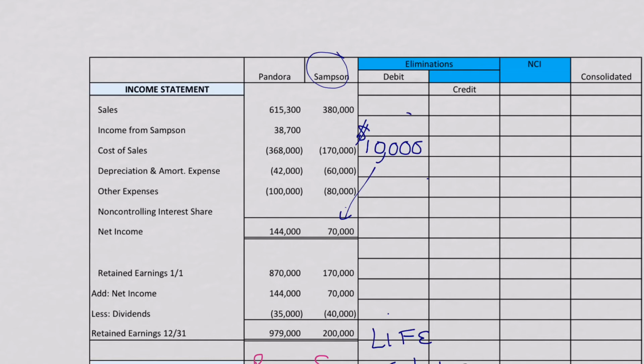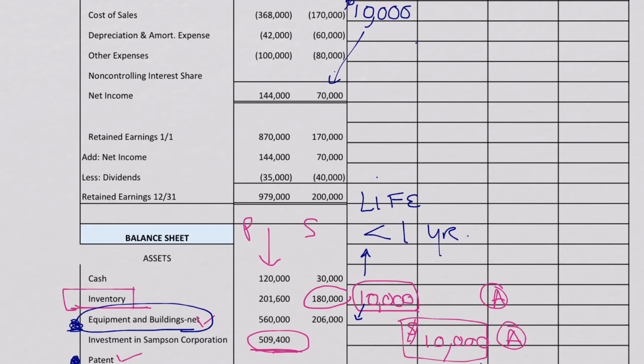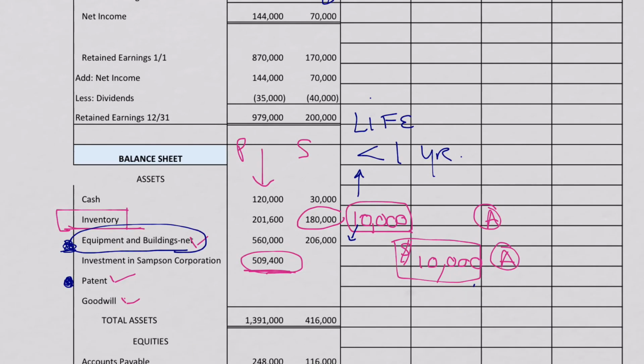This entry, by the way, is equivalent to the E entry of your SAIDE entries from the textbook, where it's the depreciation or amortization, and the offsetting credit, similar to what we do for the E entry in the textbook. In this case, it would be to the inventory. Otherwise, it would have been to the equipment and buildings or the accumulated depreciation of equipment and buildings.